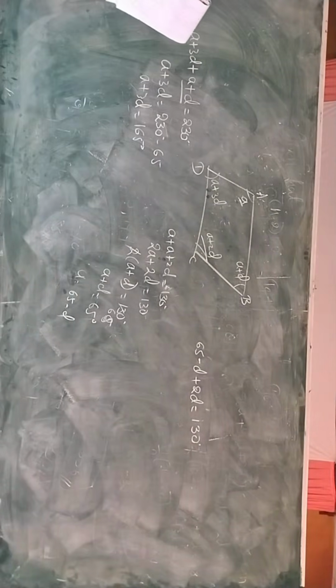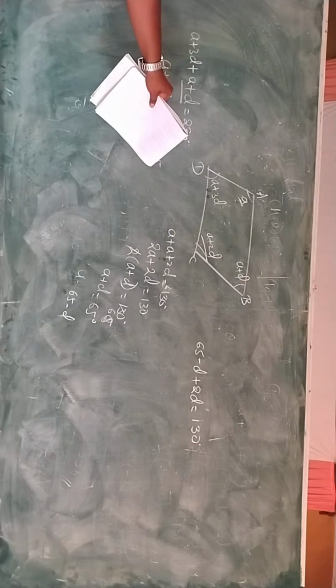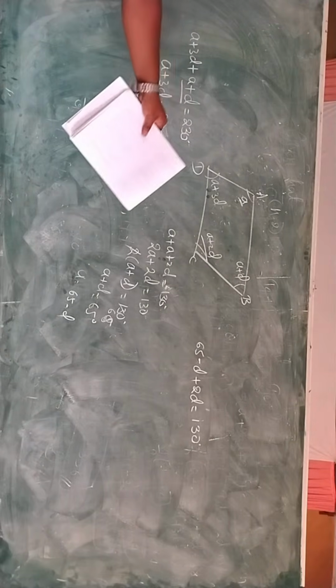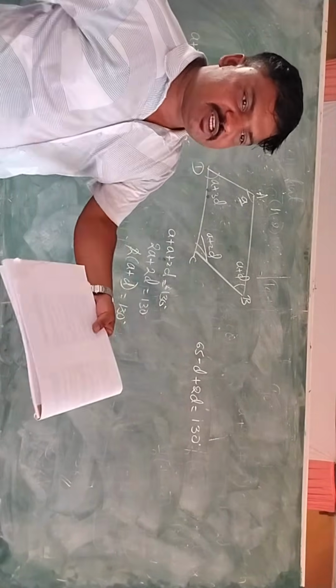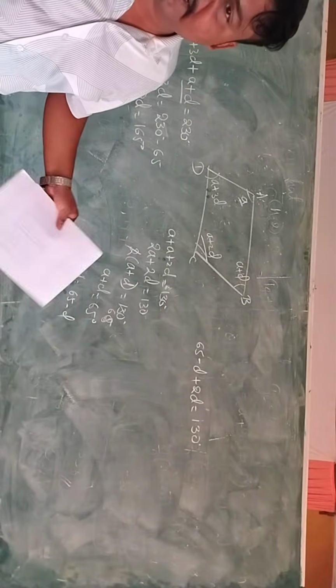Here a plus 3d and a plus 2d give the equations in the form of a and d. By the elimination method you will get a and d separately.